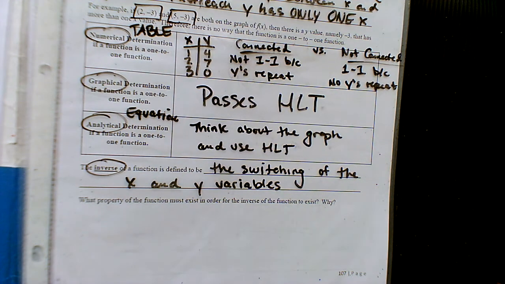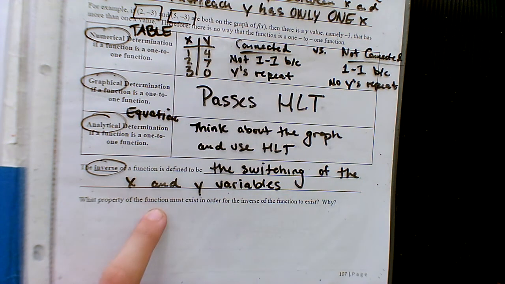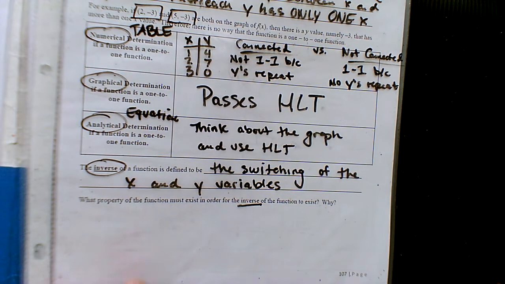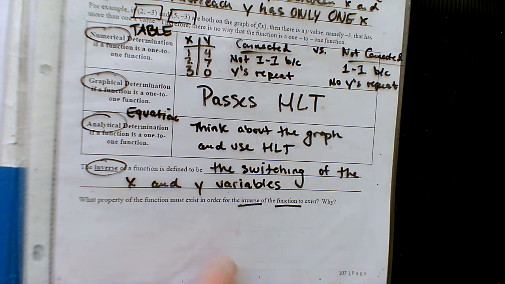Now this is when I want you to put on your thinking caps for this last question. I'm curious if we can understand this. What property of a function, if I were to give you a table, a graph, or an equation, anything like that, what property must that piece of information have in order for the inverse, if we were to switch the x's and y's, to also be a function?